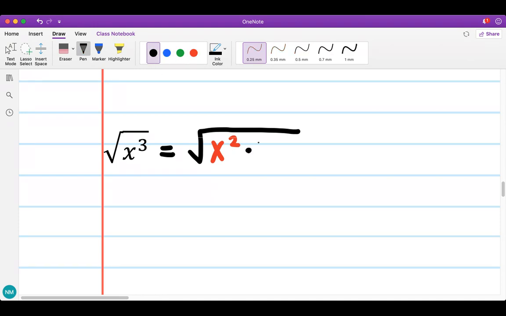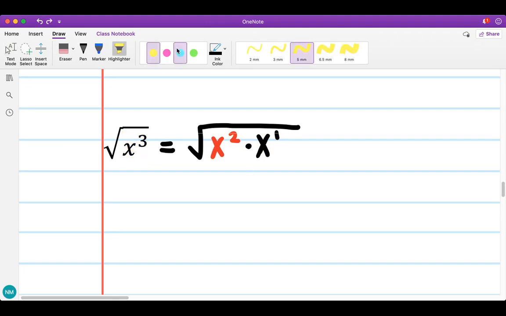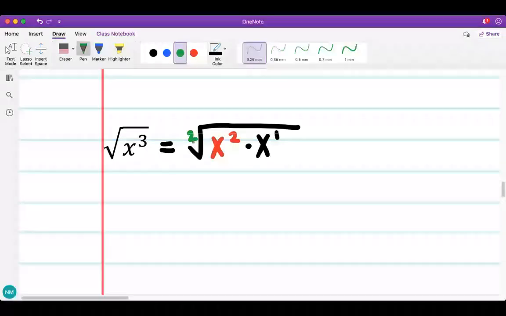Now, let's make one thing very clear. X squared is a perfect square because x times x is x squared. The reason we are breaking this down into a 2 and a 1 is that x squared times x is x cubed. This and this are the exact same thing. I've just broken it down because this number here, called the index or the root, is a 2.